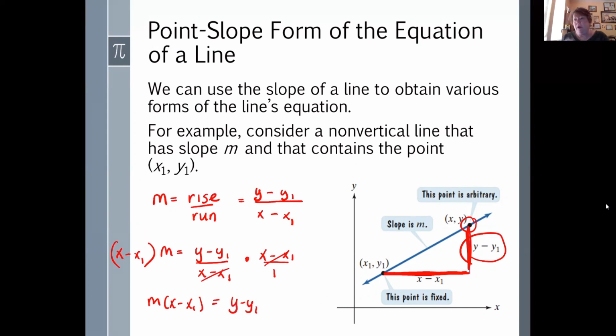And then I'm just going to rewrite this by using the reflexive property of equals. So I'm just going to flip it around. And I'm going to write y minus y sub 1 equals m times x minus x sub 1. So if you know a point on the line, some x sub 1, y sub 1, and you know the slope of the line, you can find the equation of that line.